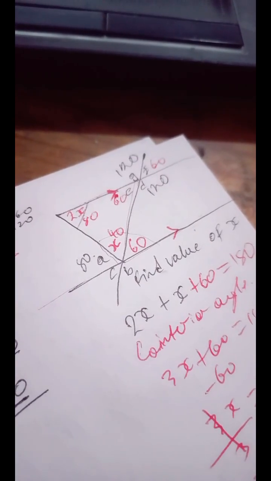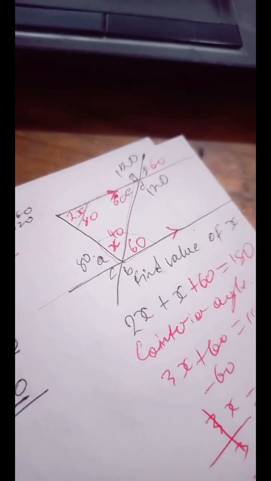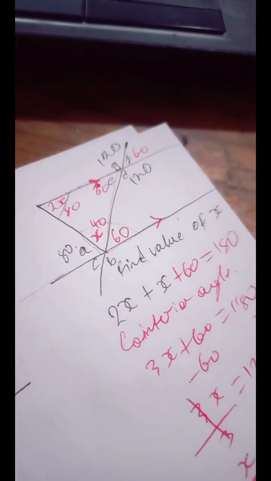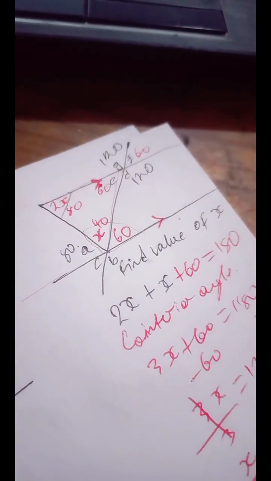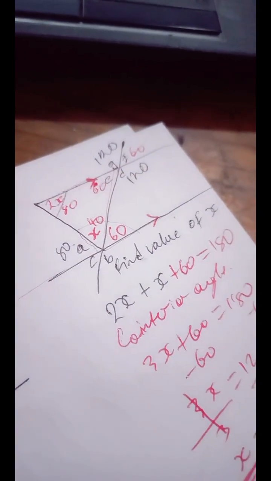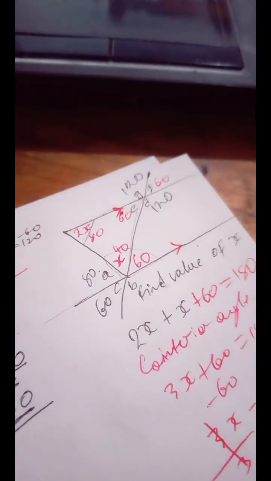Other missing angles. Rafaelwe, thank you for joining. Other missing angles, we have C and B missing here. C is 60, vertically opposite. Is that correct? Yes, it's vertically opposite, 60.